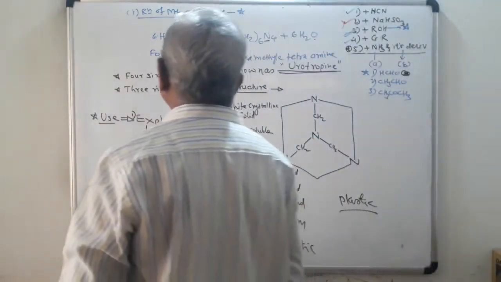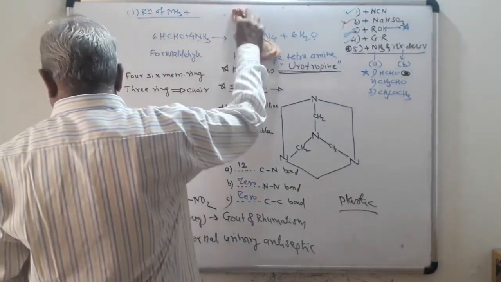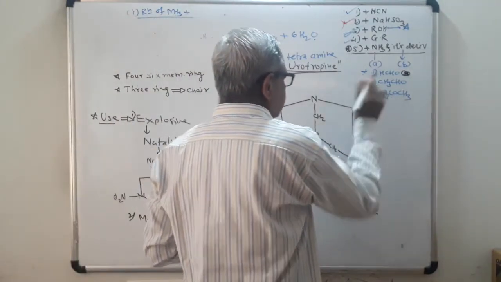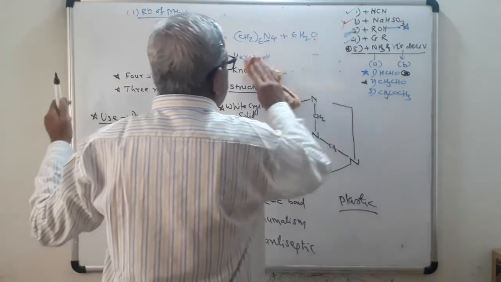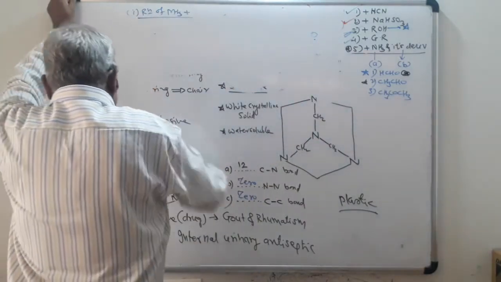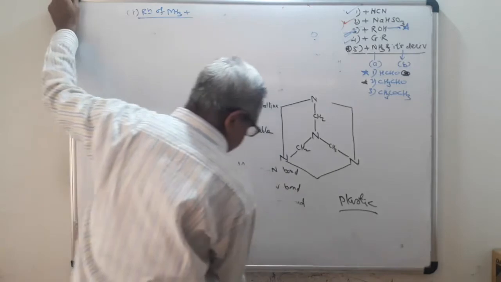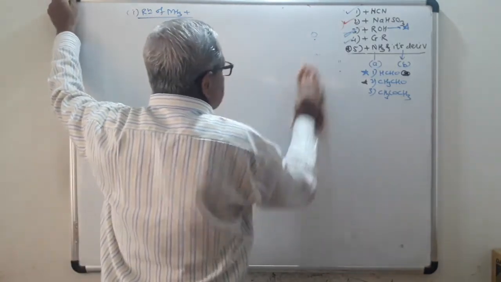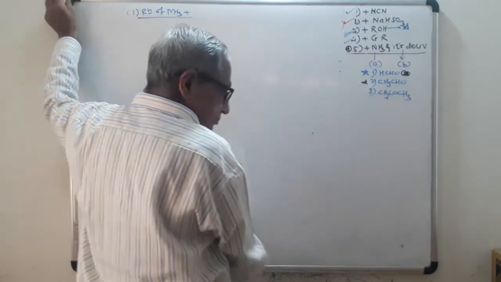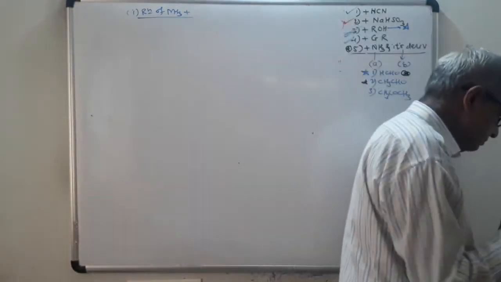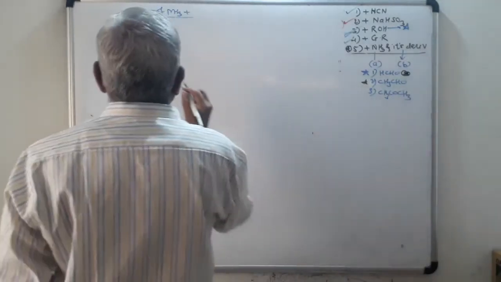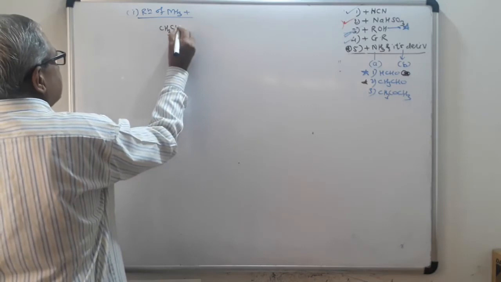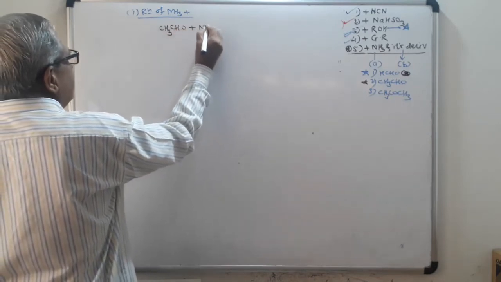Now the second reaction is that of ammonia with acetaldehyde. This is also an important reaction. So give the reaction of ammonia with acetaldehyde: CH3CHO plus ammonia.